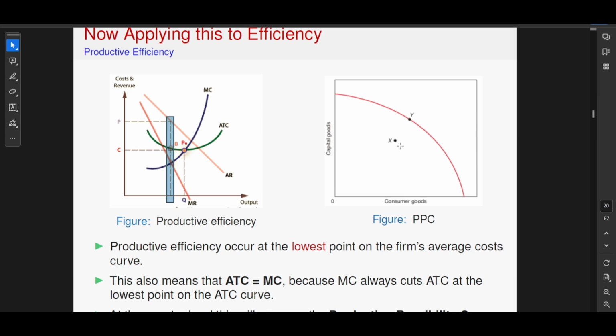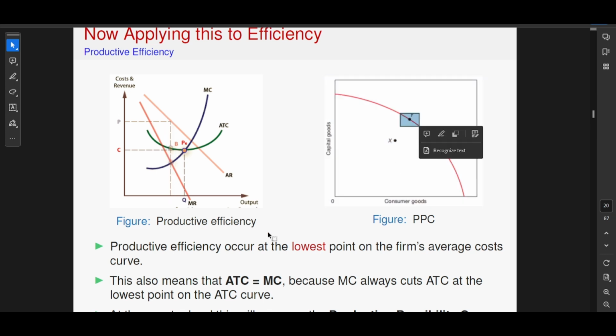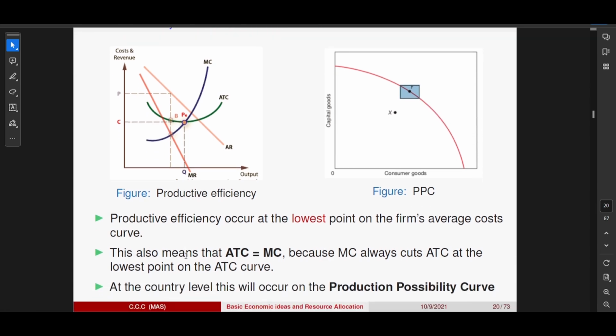Basically, productive efficiency, we have learned this from the PPC. Point Y is being productive efficient. Productive efficiency also means where the average total cost equals the marginal cost. So productive efficiency simply means producing at the cheapest possible cost. The example I normally use for this is plastic.